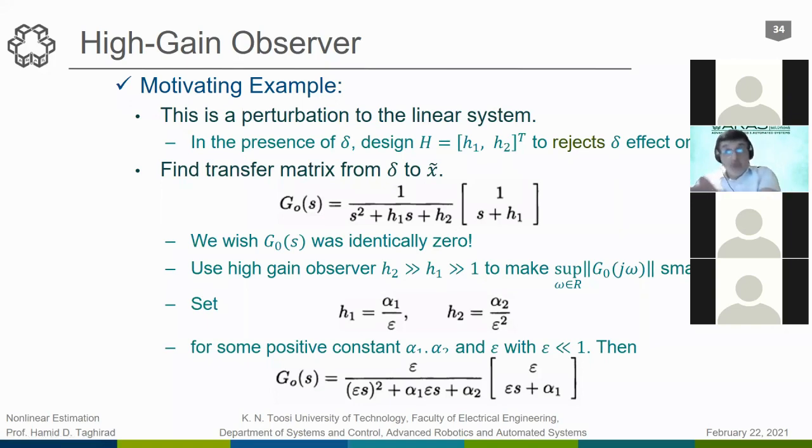Of course, this is not a true system; this is a dynamical system that we are generating. But as you see, these two are physically different, and in terms of the time domain, H1 is multiplied by the velocity, but H2 is not. So these two gains are different in terms of dimension. We should normalize them somehow. How can we normalize such a thing in advanced nonlinear theory methods?